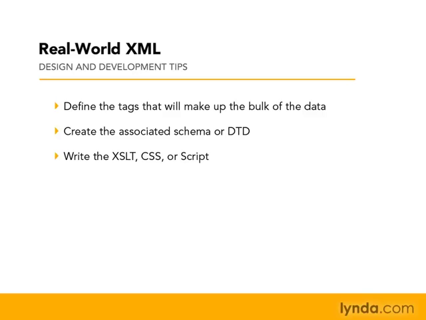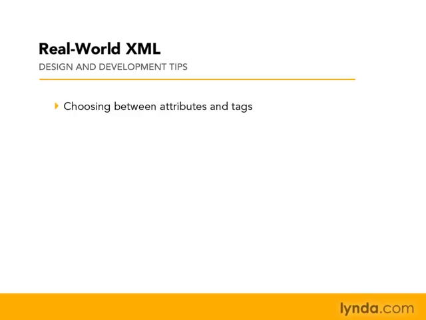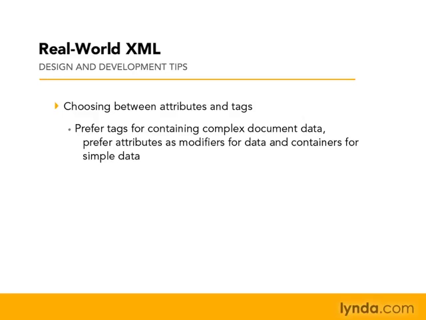One of the common questions that people who are designing XML tag sets come across is, when should I choose between using tags and using attributes? And the short answer is there's really no hard and fast rule. You need to use your better judgment, but there are some guiding principles you can follow. Typically, you should prefer tags when you have to represent data that's relatively complex or data that can be broken down into multiple parts.